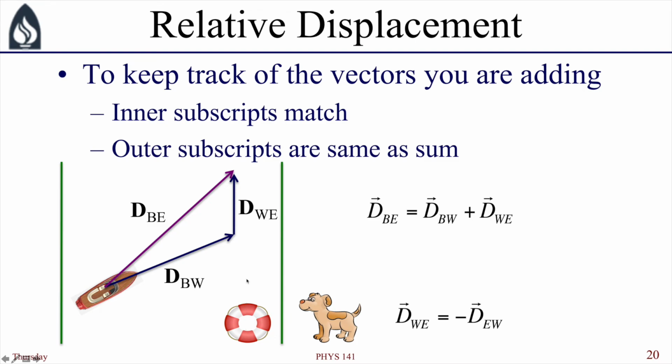And so the Earth observer would report positive motion or positive displacement, but the person in the donut would see the dog moving relative to them in the opposite direction, or in the minus y direction. And so that's why we say the displacement of the water with respect to the Earth would be opposite the displacement of the Earth with respect to the water.